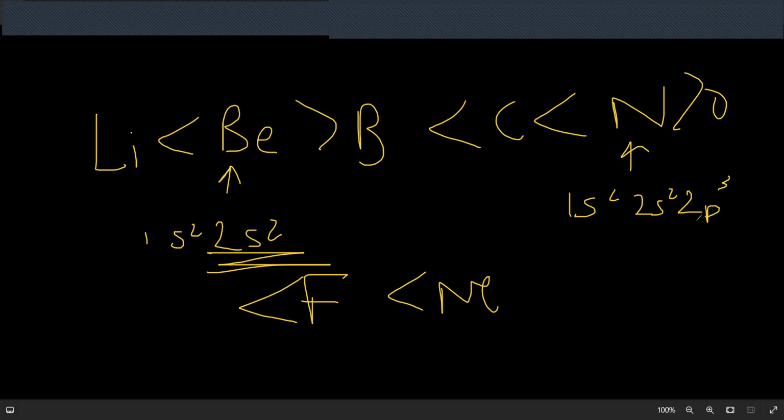Here it is completely filled and this is half-filled. So this unexpected result can be found. It is not unexpected, but in general, people do not expect this to happen. So we know that the ionization energy of this is greater than this.